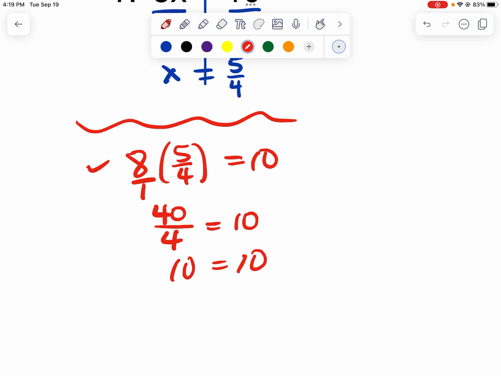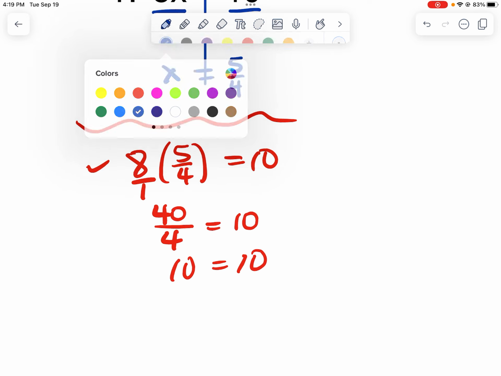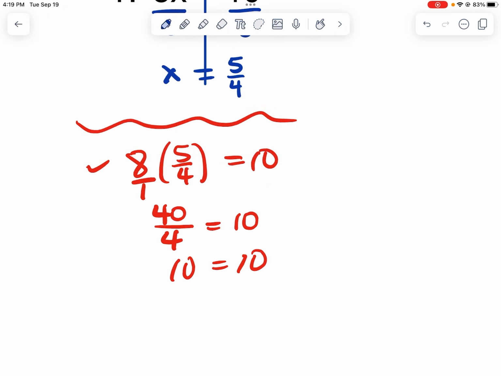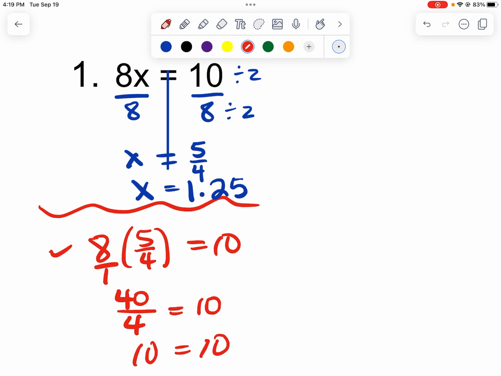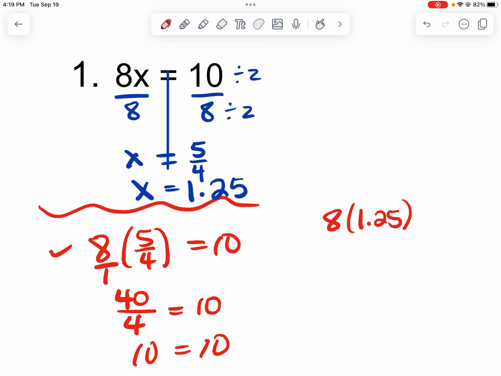Now, some of you, because you'd rather do decimals, at this point right here, you actually did 1.25, which is perfectly fine. It's just when you plug yours in, it is going to be 8 times 1.25 equals 10.